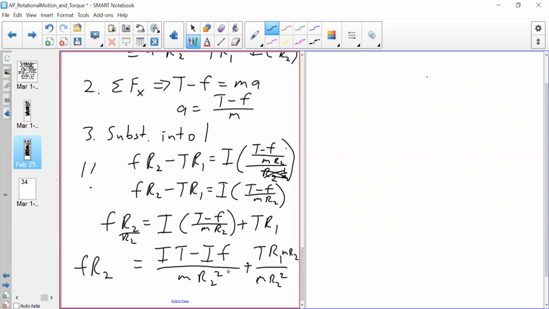FR2, right? Because the common denominator is MR2. I don't want FR2, I want F. So I divide by another R2, and I get the squareds.